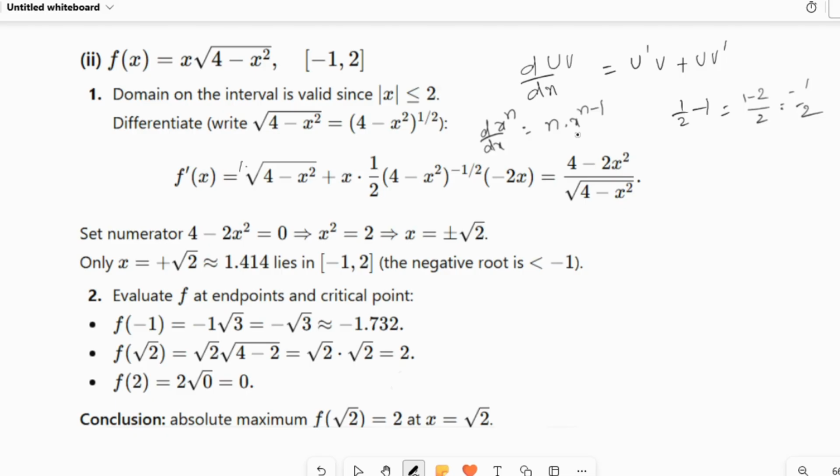We have to set this (4 minus 2x square) by square root of 4 minus x square equal to 0. Then this 4 minus 2x square equal to 0. Then x square equal to 2, x equal to plus or minus square root of 2.